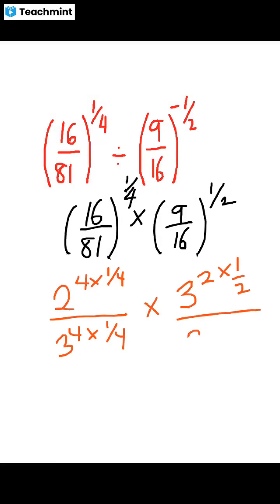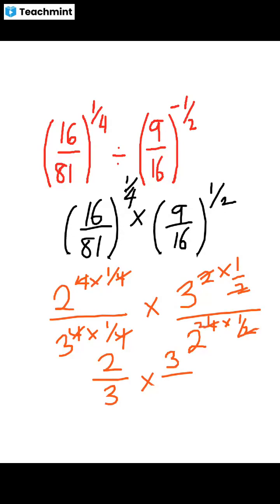This is 2 raised to the power 4. 16 is 2 raised to the power 4 multiplied by the half. So now, this cancels this, that's 2. This cancels this, that's 3. This cancels this, that's 3. This cancels this, we have 2.